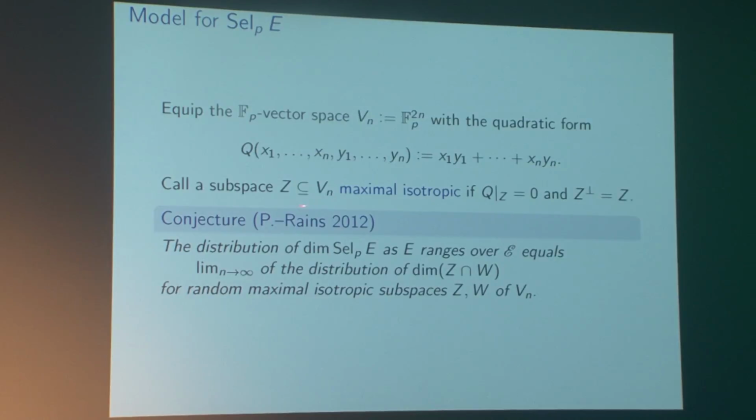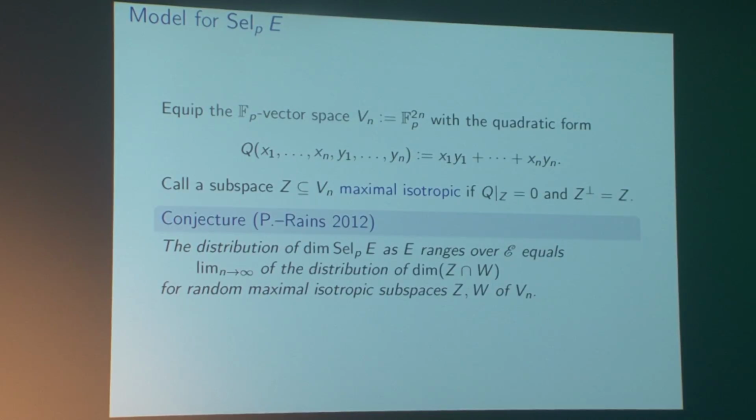There are only finitely many of these because all of this is happening inside a finite-dimensional vector space, so you can imagine choosing one at random. In fact, you can choose two of them at random, and then each of those will be half of the dimension. That's the way maximal isotropic subspaces work.